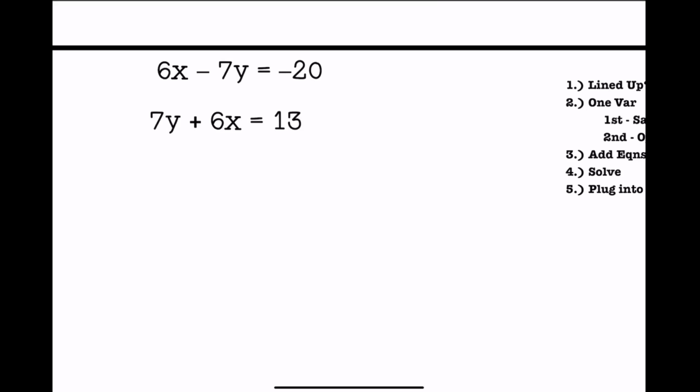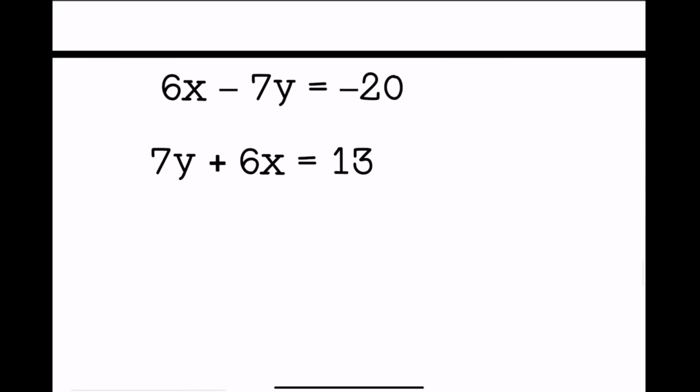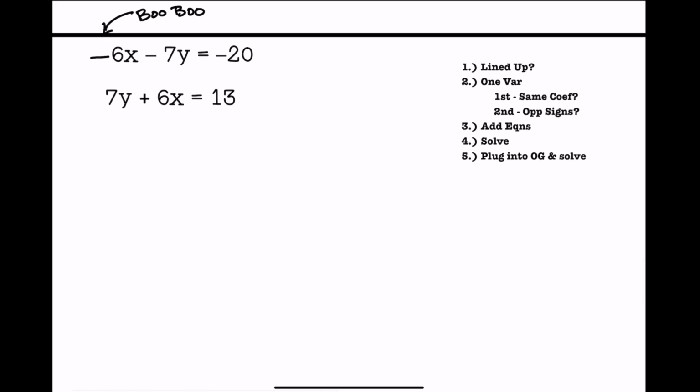All right, in the next problem, Miss Rawolf, because it happens every class, she made a boo-boo. This needs to say a negative 6x. Okay, please change that. All right, so here we go. Now that we fixed the boo-boo, is everything lined up? Let's check. X's and Y's?